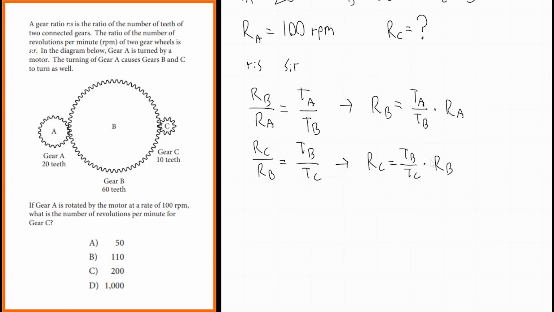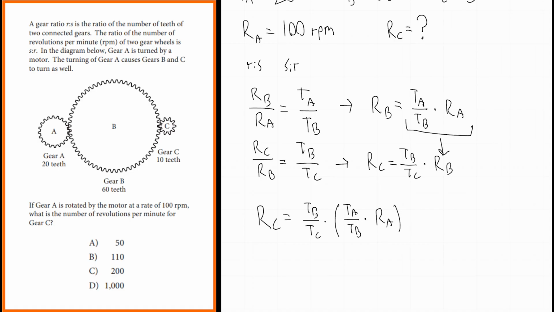And with these two equations together, we can take this value of RB right here and plug it into here, and we can get that RC equals TB over TC times TA over TB times RA.